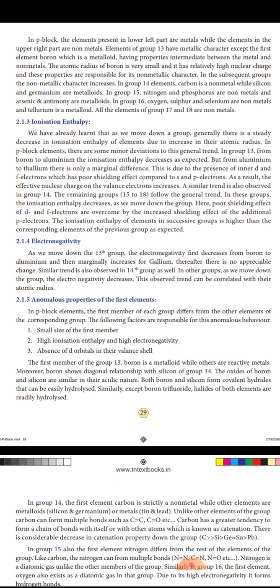Here, poor shielding effect of d and f electrons is overcome by the increasing shielding effect of additional p electrons. The ionization enthalpy of elements in successive groups is higher than the corresponding elements in the previous group as expected.